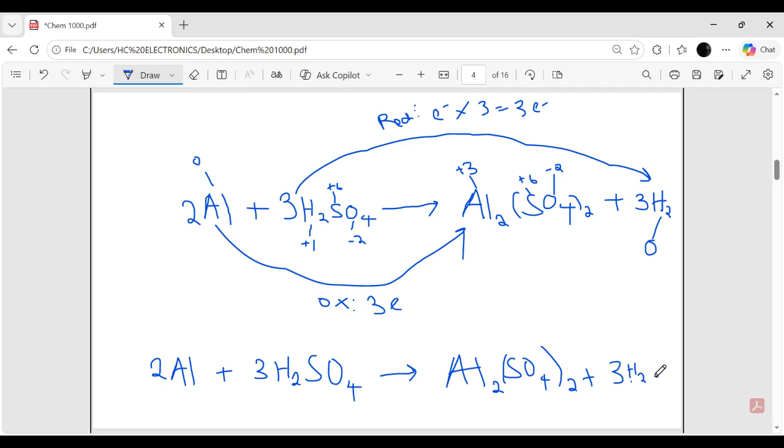Then you even add the state symbols. Yes, you are free to ask your question.